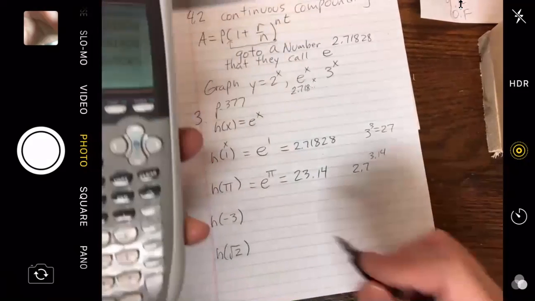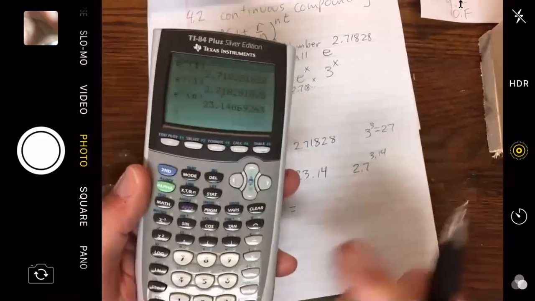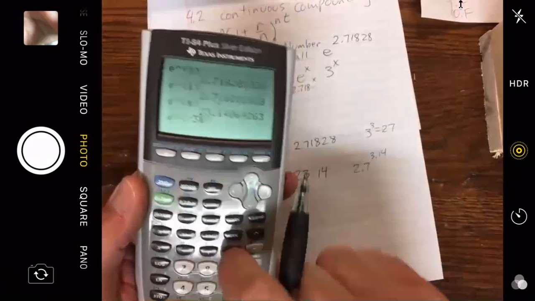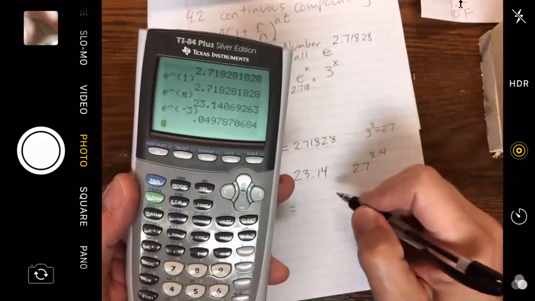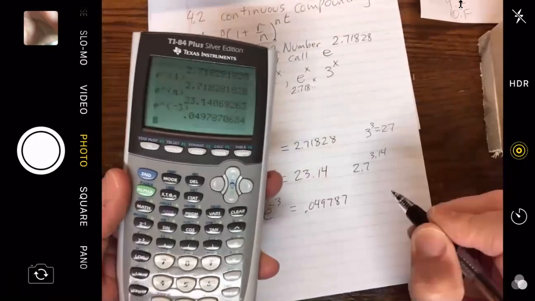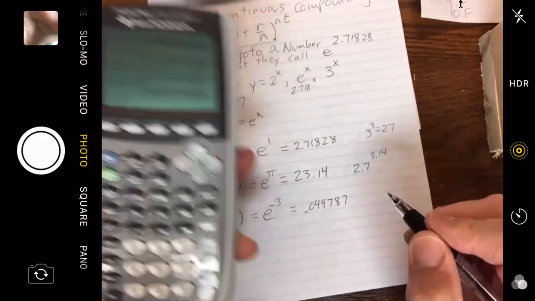E to the negative 3. So you could punch that as 1 over e to the third if you wanted, but we can do it straight as second e negative 3. 0.049787. And an e to a square root of 2.